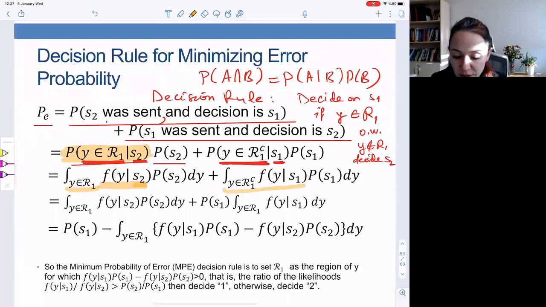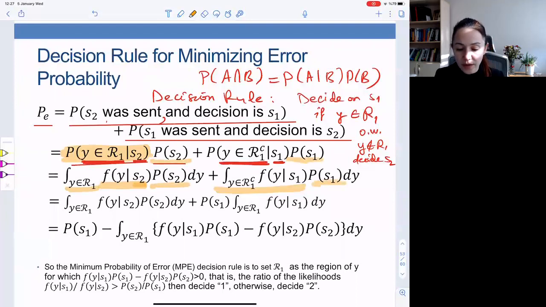Similarly, this integral gives us the probability that Y is in R1 complement, given that S1 was sent. These terms are inherited from the above.